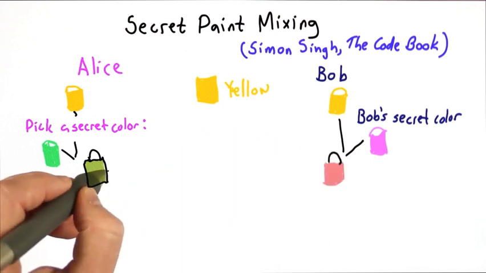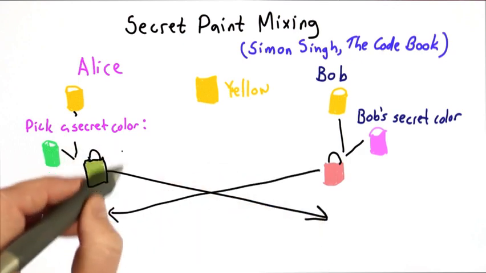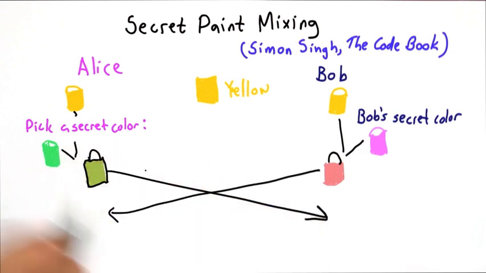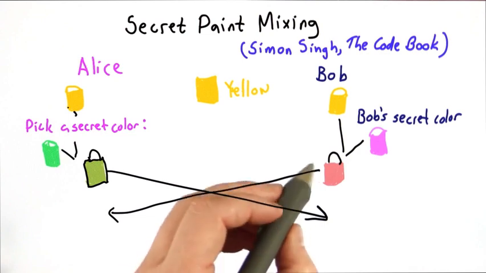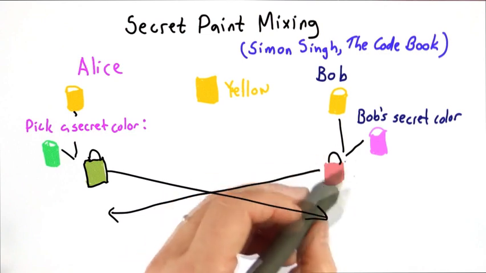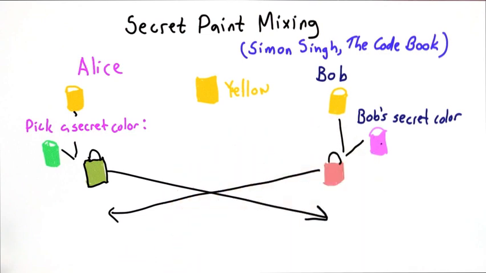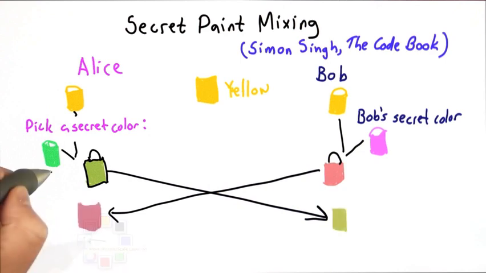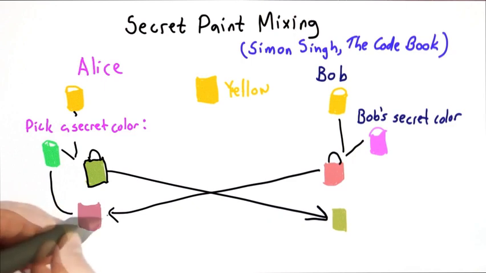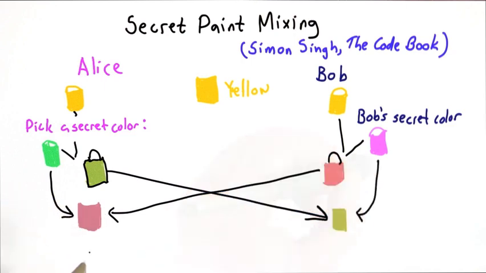So at this stage, they exchange colors. Alice gives Bob the ugly green color that she got by mixing her secret color with yellow. Bob gives Alice the ugly pinkish color he got by mixing yellow with his secret color. Once they've received the other party's colors, they mix their secret color with the other party's mixed color. At this stage, both parties should have the same color.